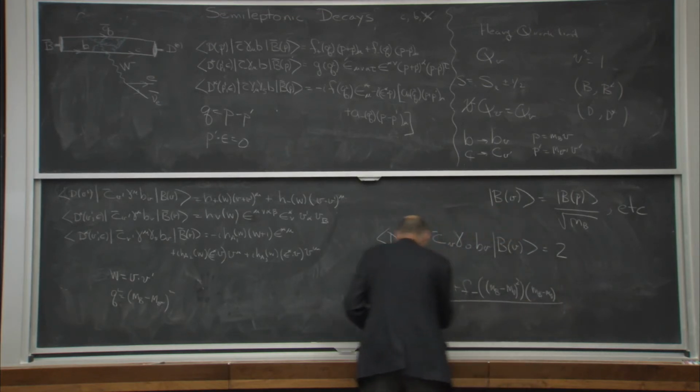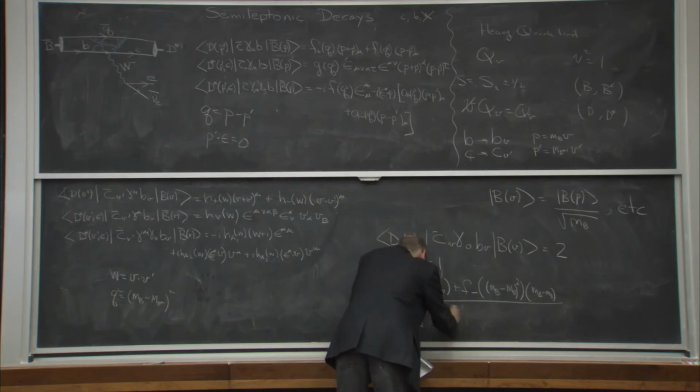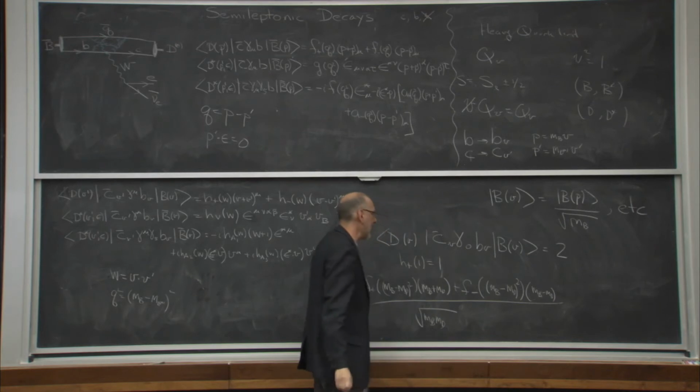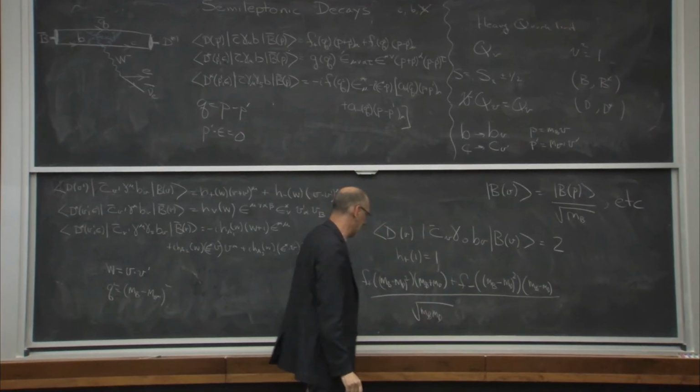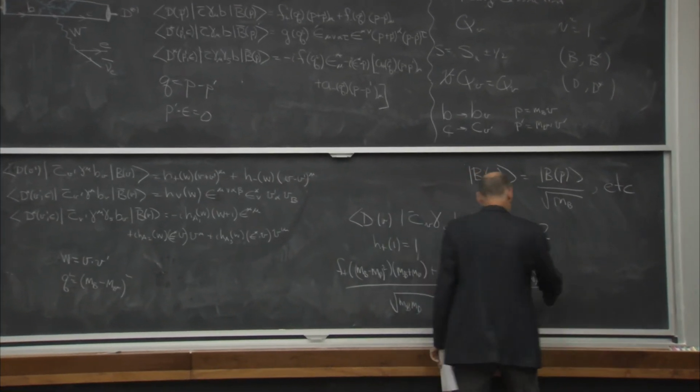And then I have to divide by the square root of M_B M_D. And heavy quark symmetry tells me at leading order that this is equal to 2.